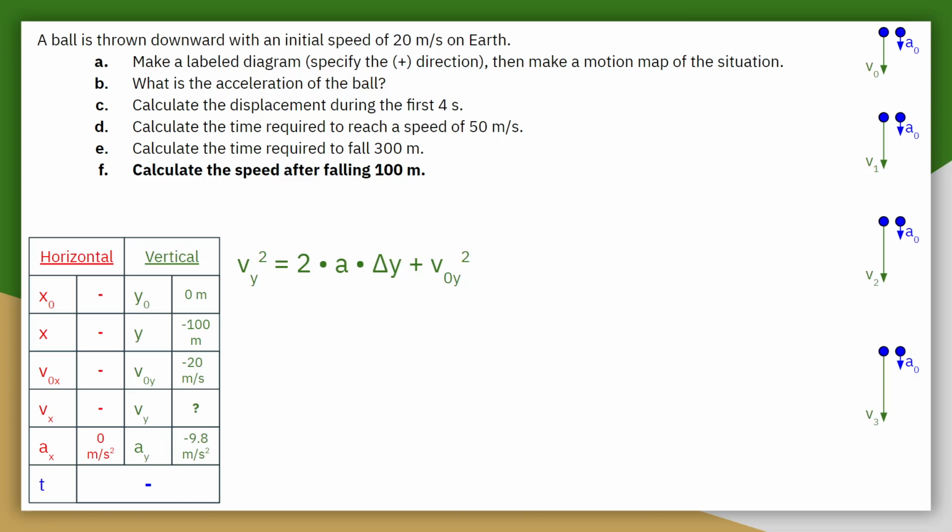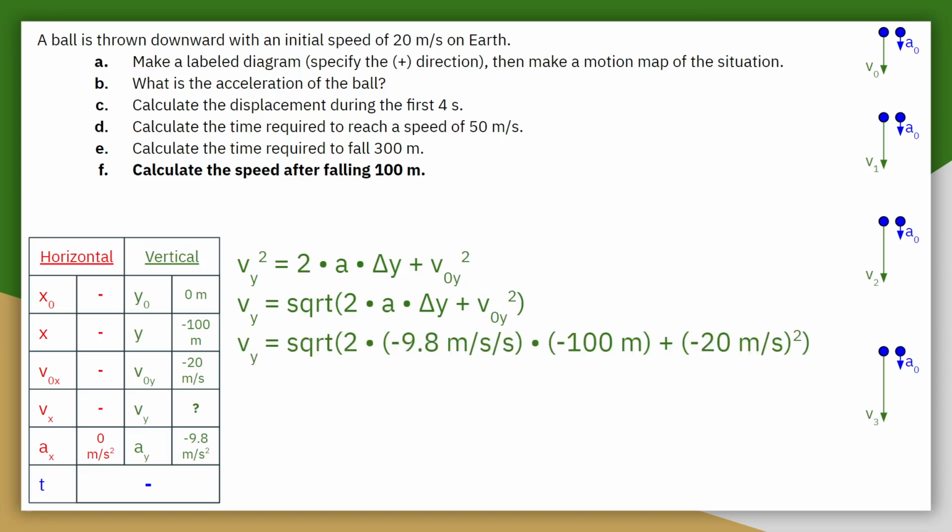Our final vertical velocity squared is equal to 2 times our vertical acceleration times our vertical displacement plus our starting vertical velocity squared. To get the term we're solving for, that final velocity by itself, we would just take the square root of both sides. At this point, we can plug in our values.